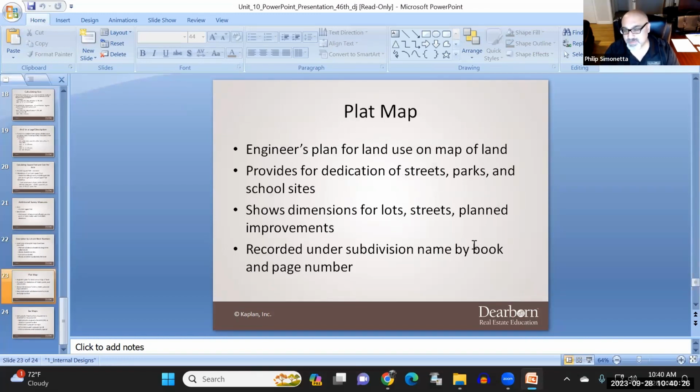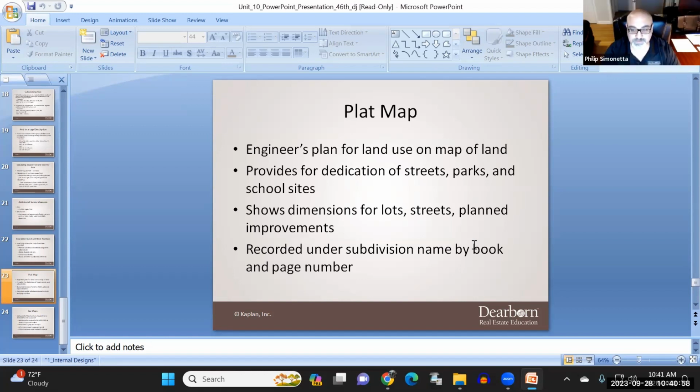A plat map is an engineer's plan for land use on a map of land. It provides for dedication of streets, parks, and school sites. Do you remember what dedication is? We talked about that. Dedication is when a developer gives part of the land to the government so they can provide services for that area and maintain it.